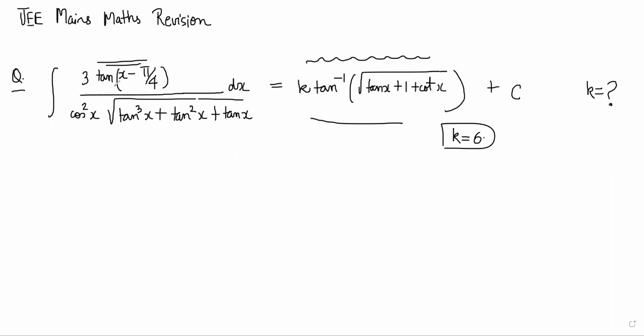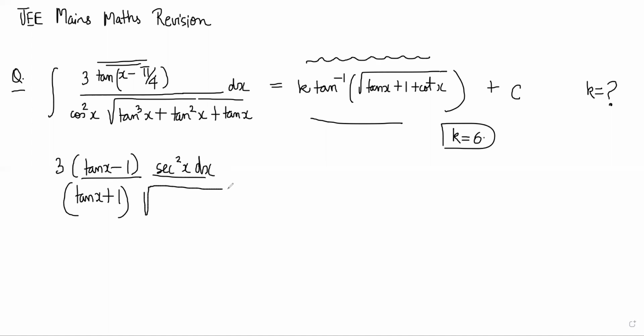So this one becomes tan x minus 1 by tan x plus 1, right? 3 times. And 1 by cos square x is sec square x. So you can say that tan x is equal to t is a good substitution, right?